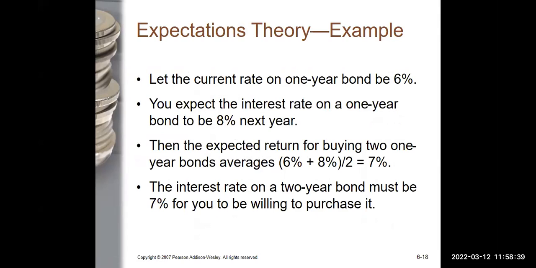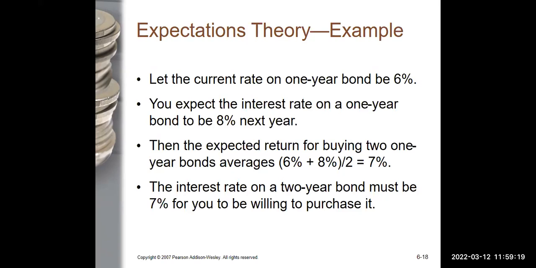Right now, the current rate is 6%, and you expect this interest rate on a 1-year bond to be 8% next year. Today it is 6%, next year how much are you expecting? 8%. So you will find the average of it, 6% plus 8% divided by 2. What do you get? 7%. So you will be investing in 2-year bonds if and only if you are getting a 7% return. The interest rate on a 2-year bond must be 7% for you to be willing to purchase it.